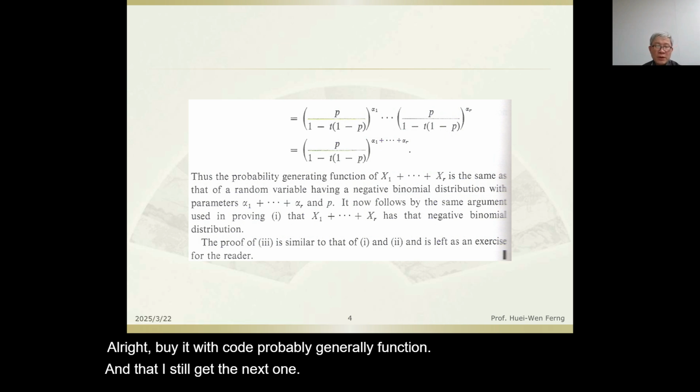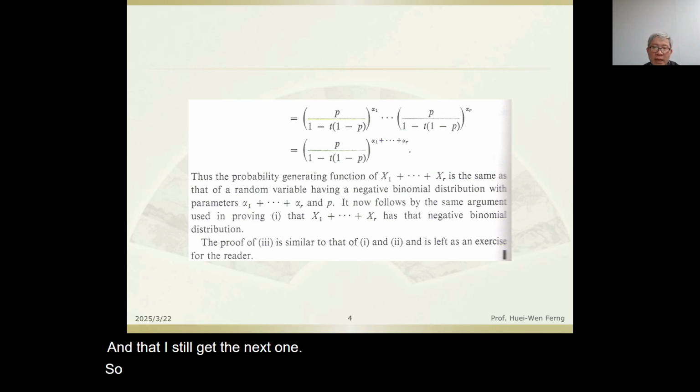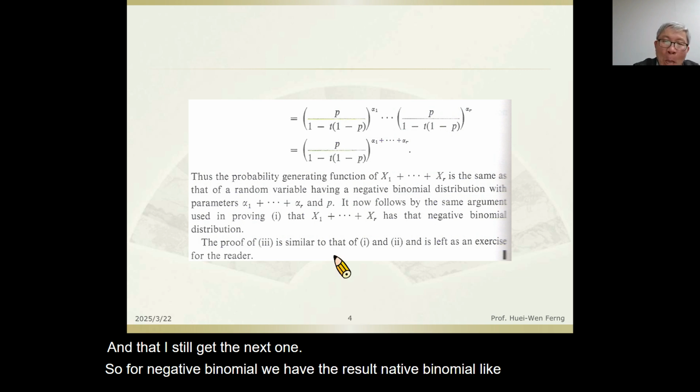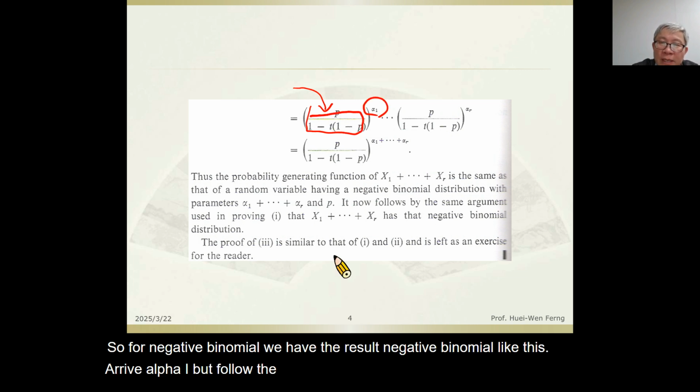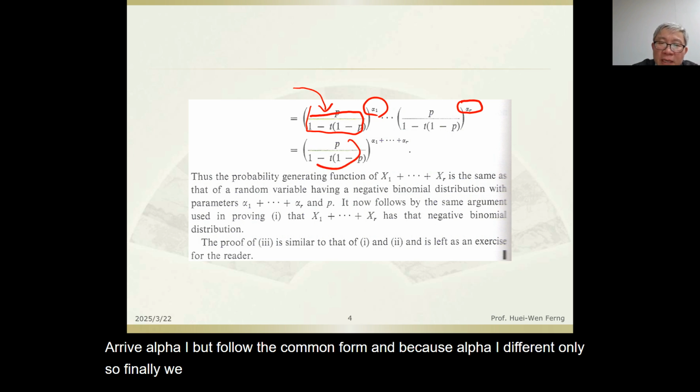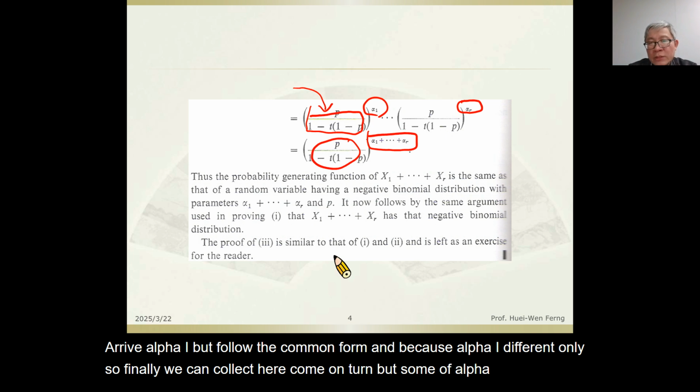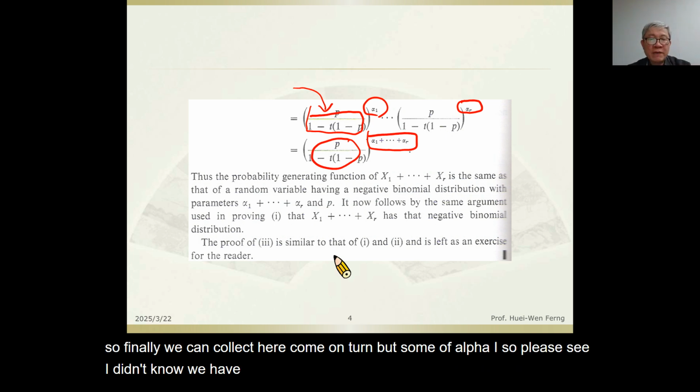For the negative binomial, we have the result like this, with alpha i but following the common form. Because only alpha i differs, finally we can collect the common term but with the sum of alpha i. So you can see we have the same PGF.